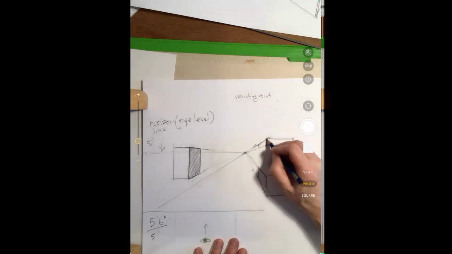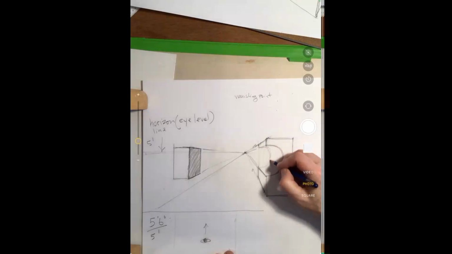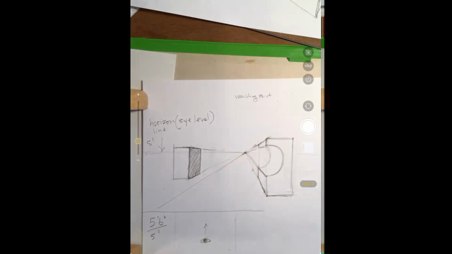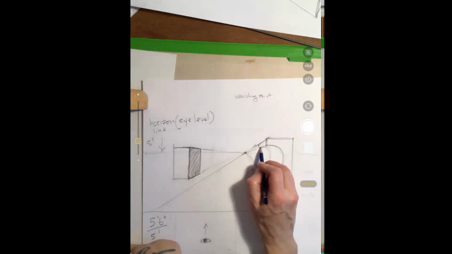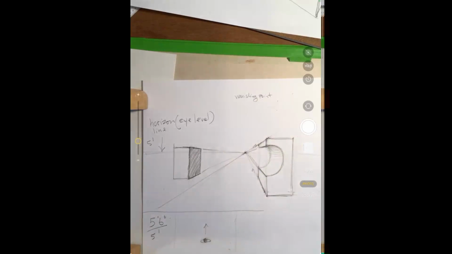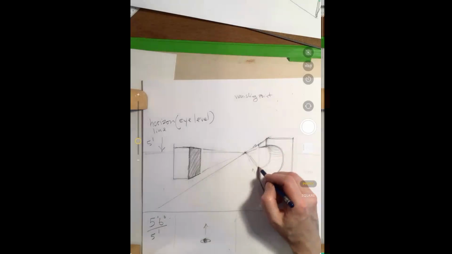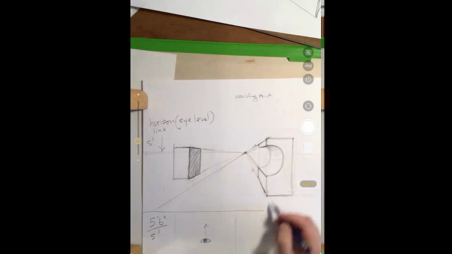So this is the front edge, this is the back edge. I might just approximate that there's another curve there, and I can start to get something that looks like this, kind of like that.